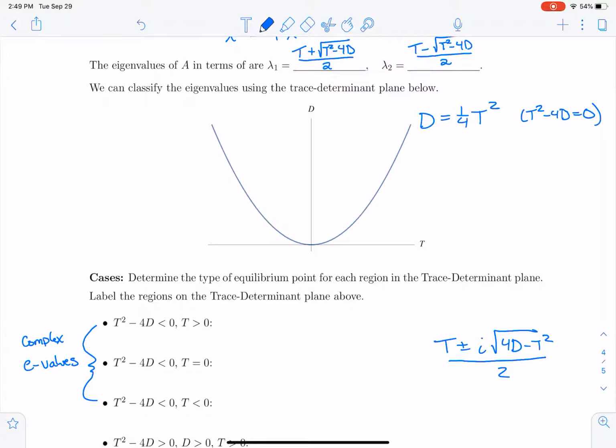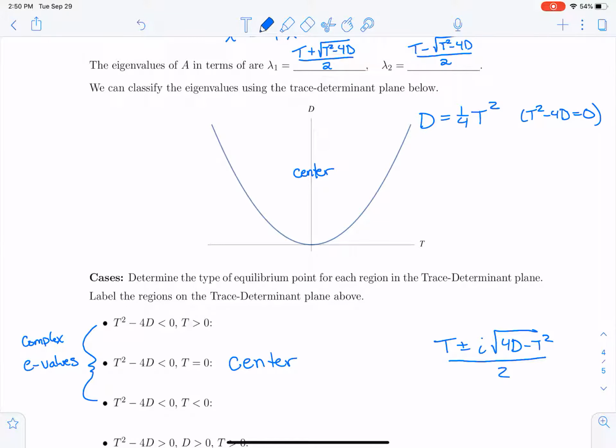So if T squared minus 4D is less than 0 and T is equal to 0, then we get purely imaginary eigenvalues, and so we end up with a center. So here, when T is equal to 0 and T squared minus 4D is less than 0, that's where we end up with centers along the D axis.